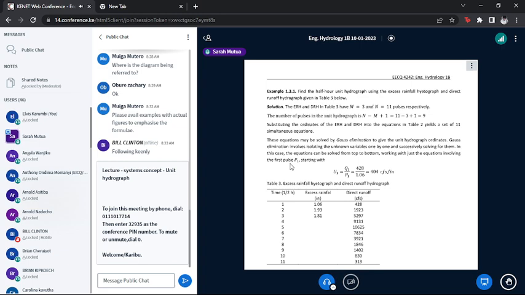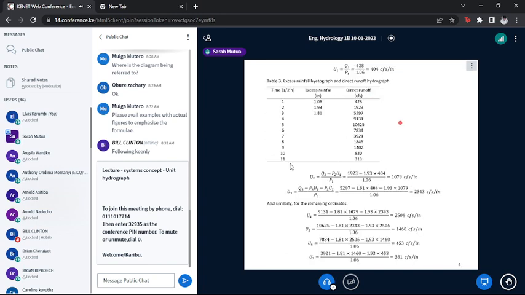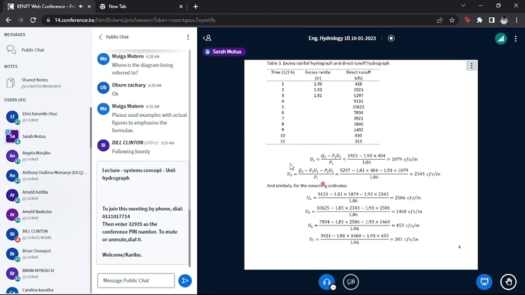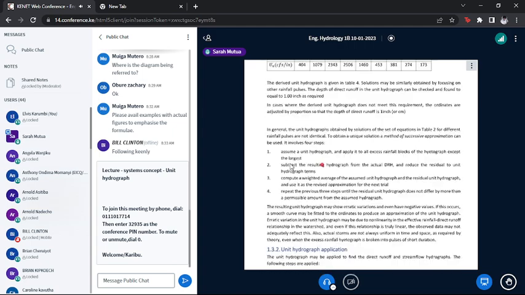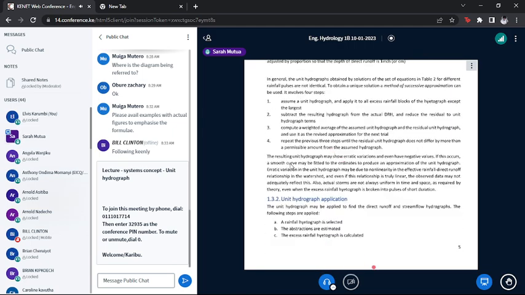So I want us to go through this example. The rainfall is in inches, direct runoff is in CFS. But remember, I still need to show you how to expand the equation so that you can have the correct number of equations.